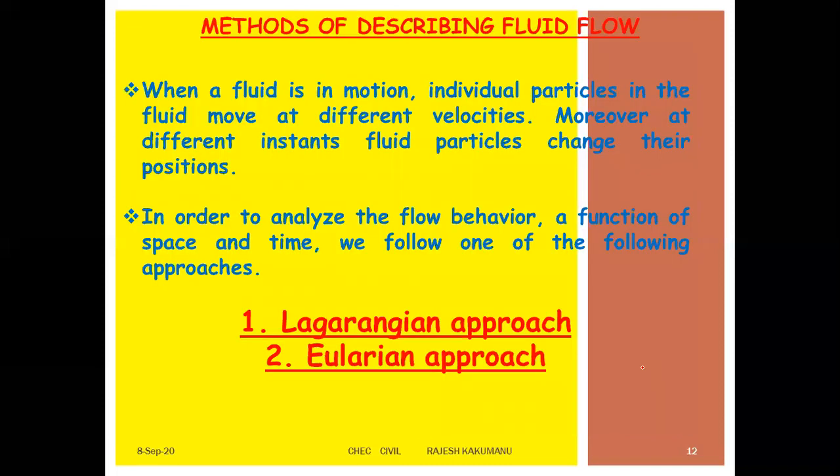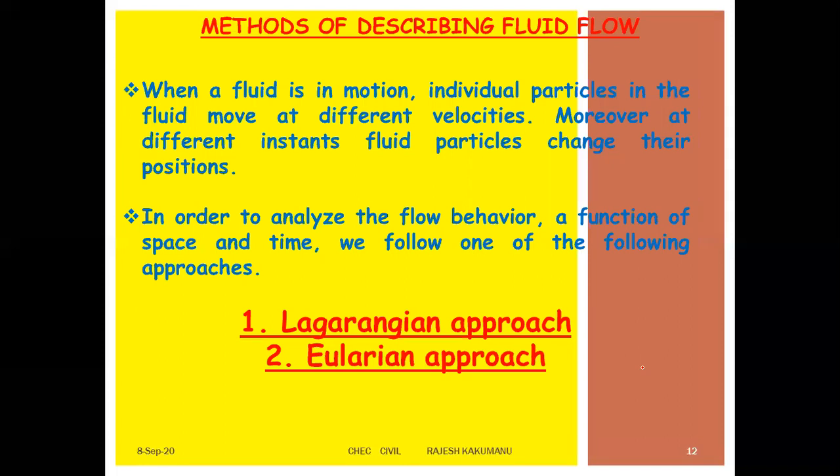Next, methods of describing the fluid flow. So how do we describe the fluid flow? Based upon the general definitions and concepts, when a fluid is in motion, individual particles in the fluid move at different velocities.